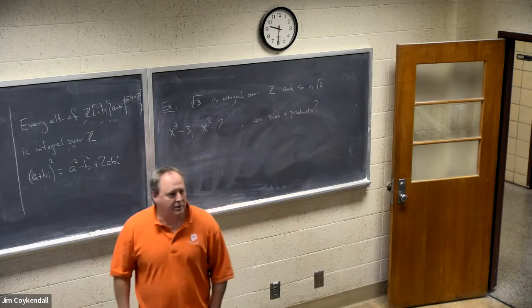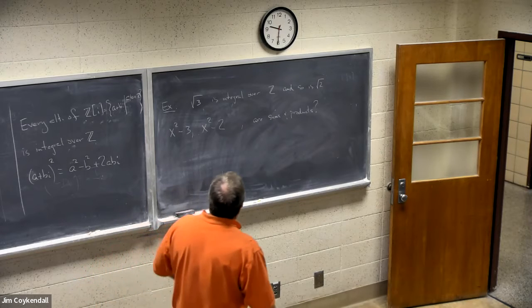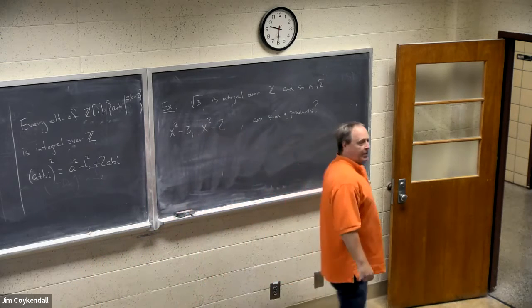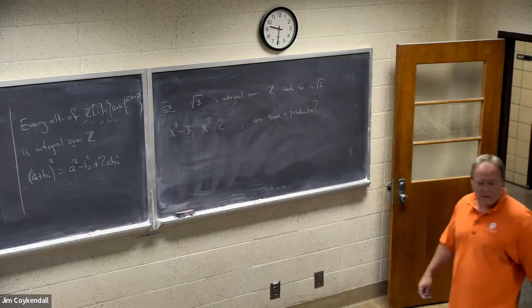What about some of the products? Well, the product of these two, radical 3 and radical 2, I think is pretty obviously integral over Z, right? x squared minus 6. What about the sum? What about radical 3 plus radical 2?